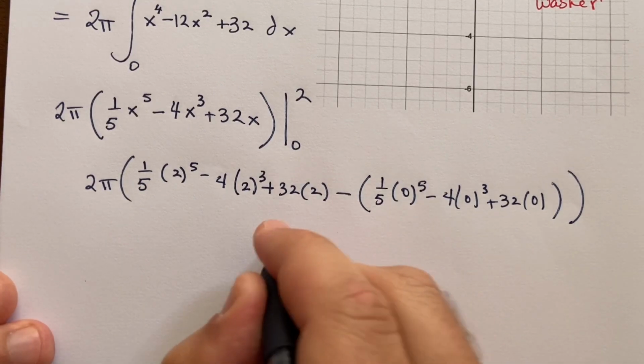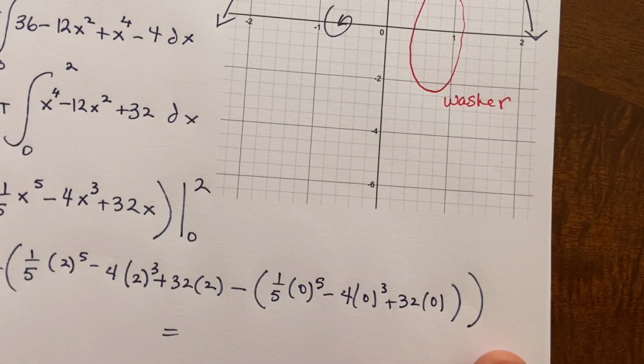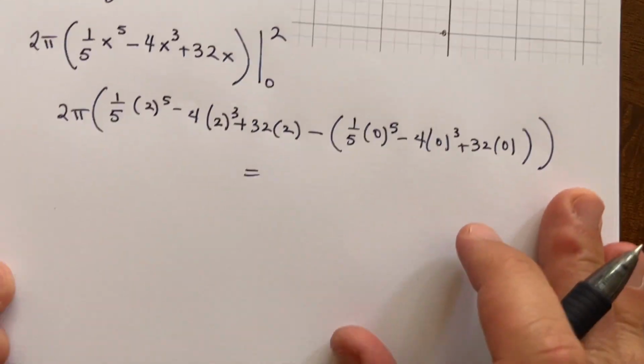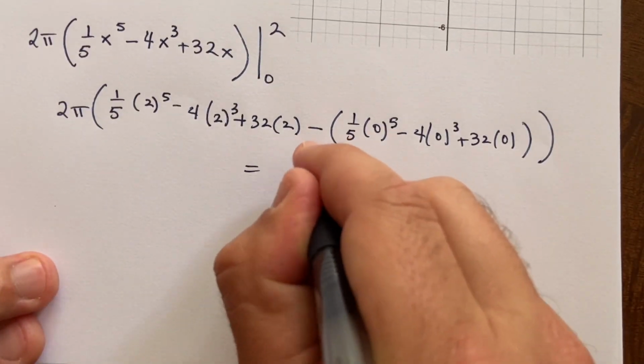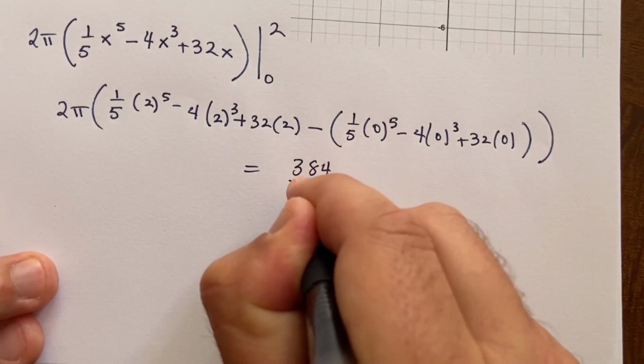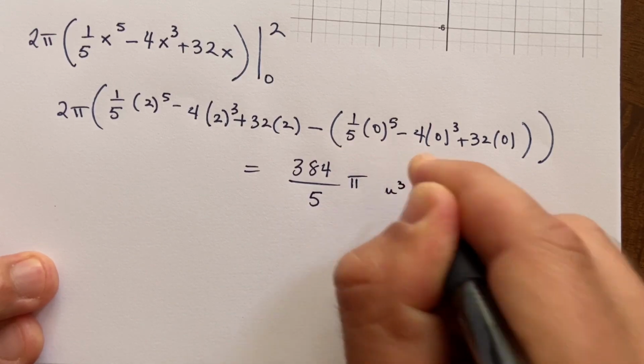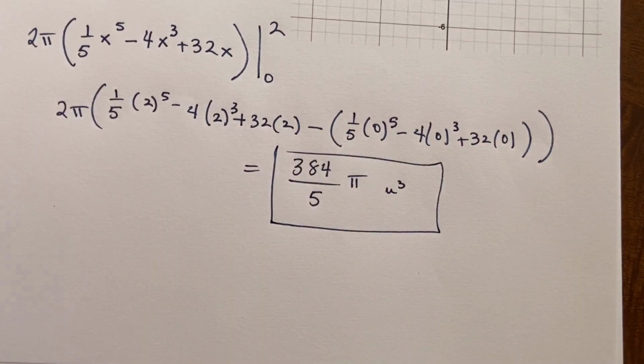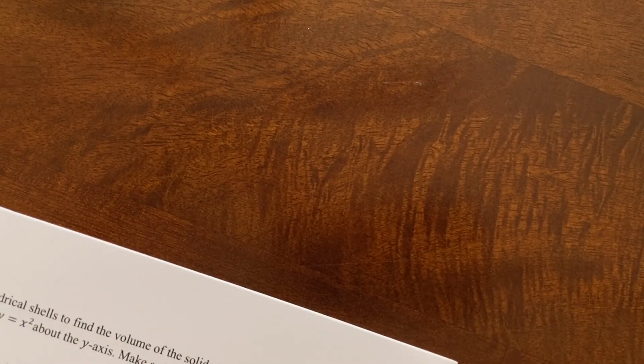So in the end, I believe what we're going to find for this volume is 384 over 5 pi, and that would be cubic units. I'm going on to 21 actually.